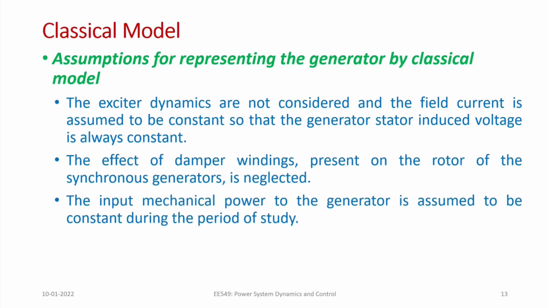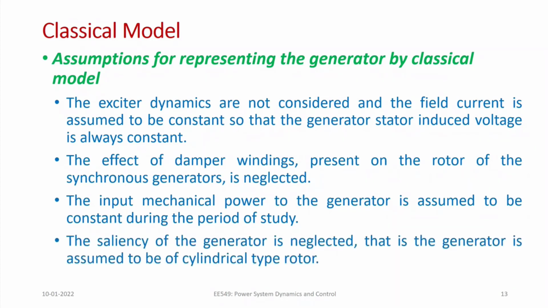And the third assumption is that the input mechanical power to the generator is assumed to be constant during the period of study. The whole period of study we will consider the input mechanical power as constant. There is no change. And the fourth one is that the saliency of the generator is neglected. That is, the generator is assumed to have a cylindrical type of rotor.